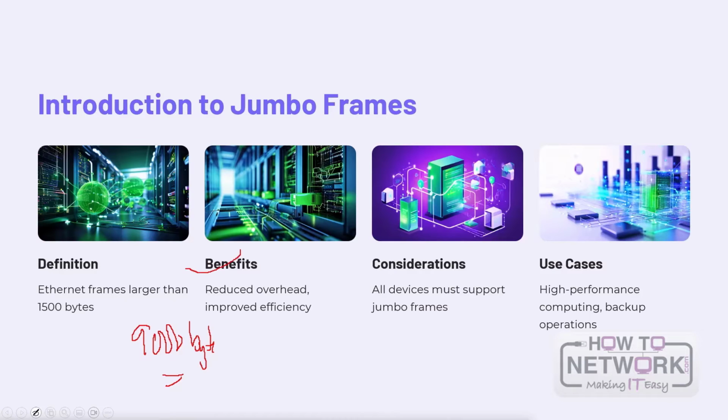It can reduce overhead, improve network efficiency, and give better performance for large data transfers, especially in SANs or storage area networks and data centers. All devices in the path must support jumbo frames, so it's not suitable for all network types, particularly those with older equipment or stringent latency requirements. It is ideal for high performance computing, backup operations, and large file transfers in enterprise networks and data centers.